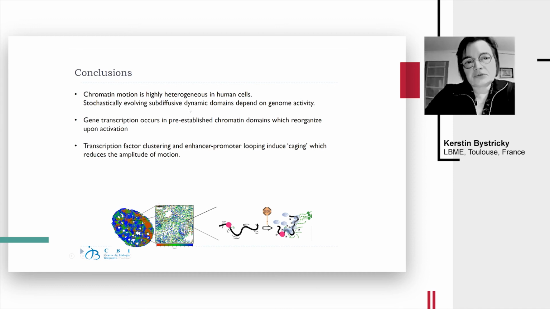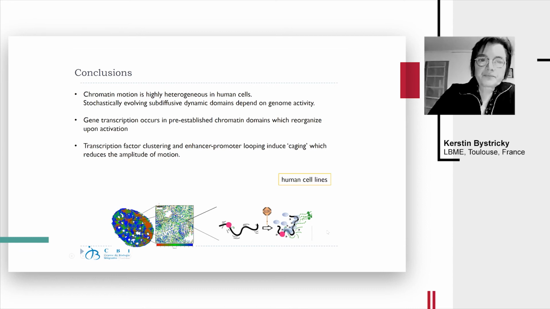The mainly subdiffusive domain dynamics are dependent on activity. Transcription occurs in pre-established domain organizations that do get reorganized and kind of caged in, which reduces the amplitude of motion. And this is in human cell lines.